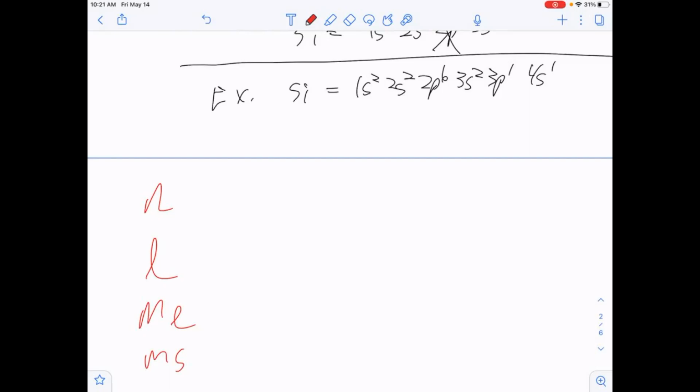What does M subscript L stand for? It's the magnetic quantum number. What are their values? What do they change on the graph? Don't forget to study that one, because that's an 8-point question on the test. There's like 60 points on the test, so 8 points out of 60 is a big chunk of the test.